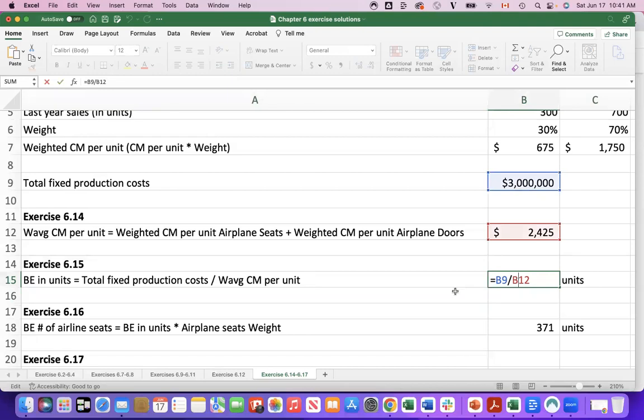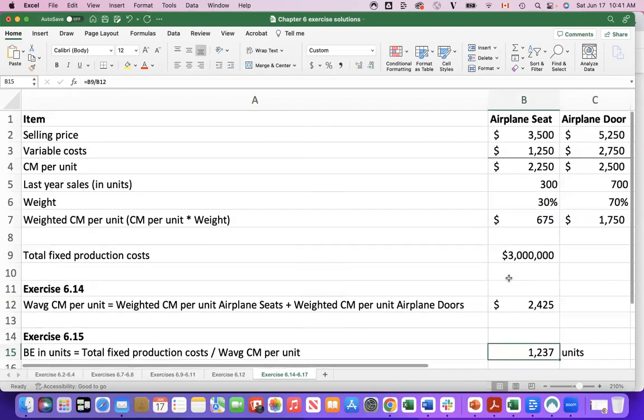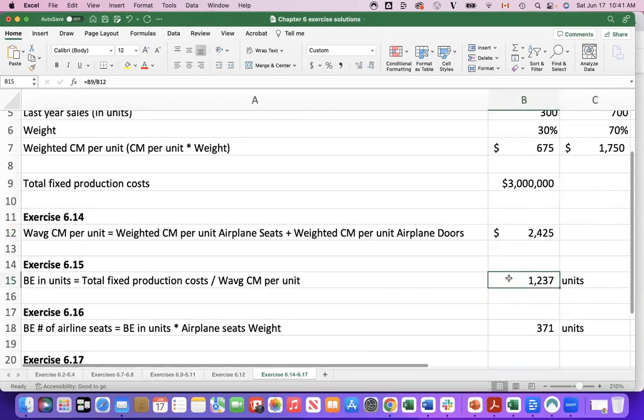We take the total fixed production cost, which is 3 million, and now we divide it by that weighted average contribution margin per unit, which we just calculated to be $2,425. So in total, of all the products we sell, in this case, the seats and the doors, in total, we have to sell 1,237 units.